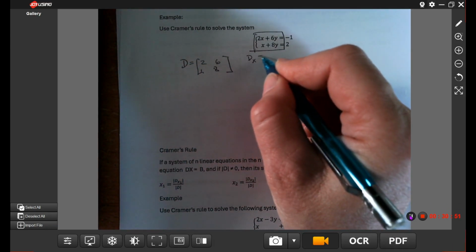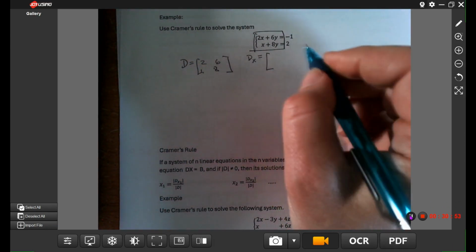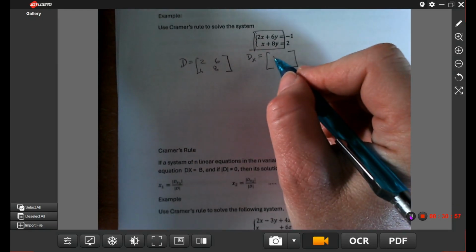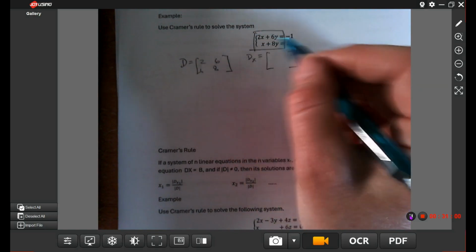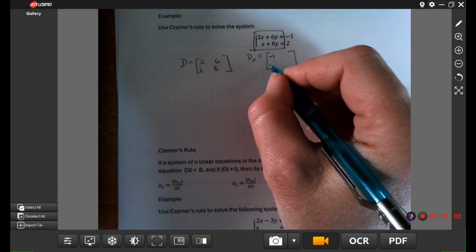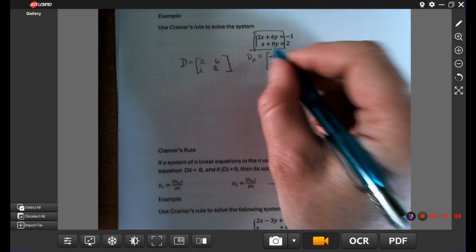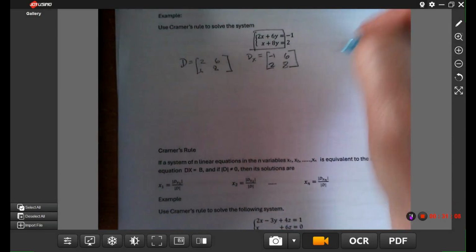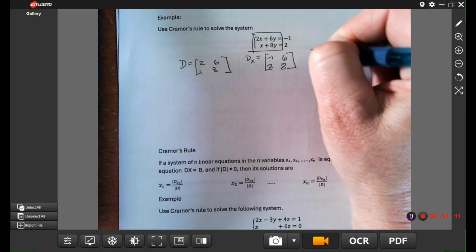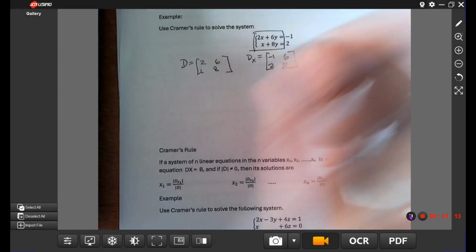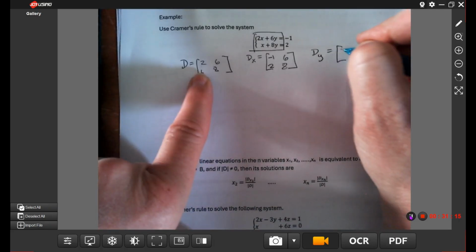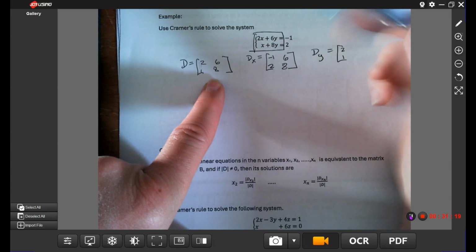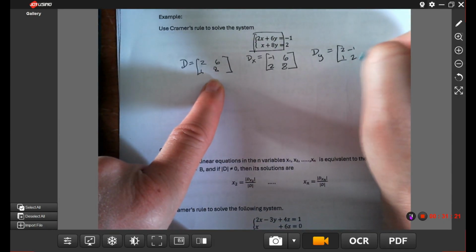And then the matrix that corresponds to the x coordinate, I would replace the x column with the solutions, so those would get replaced with -1, 2, and the y column remains the same. And then d sub y is another matrix where I start with this, and I leave the x column as is, and I replace the y column with the solutions. The solution column, if you will.